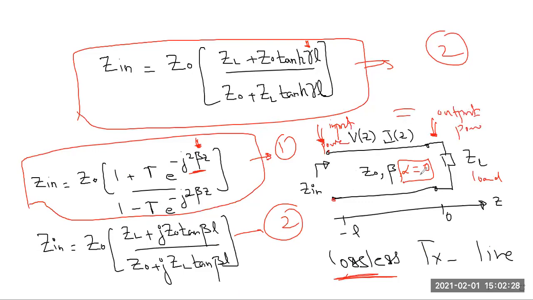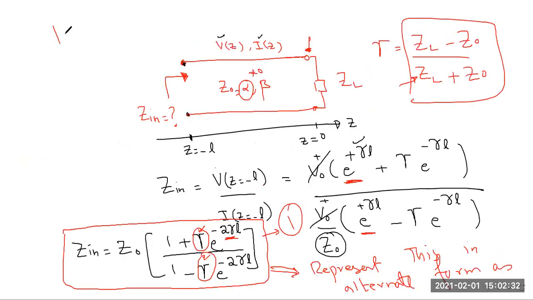But in case of a lossy transmission line, whatever power is available at this point, the same power will not be available at the load point, because when this signal travels through this line, some part of the power will be wasted within the transmission line.